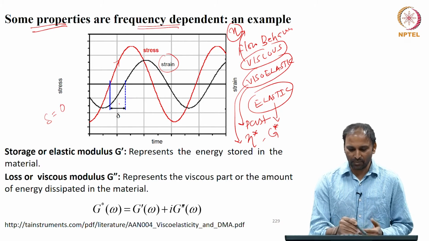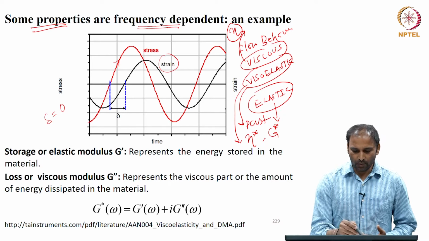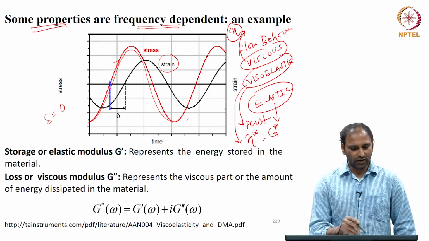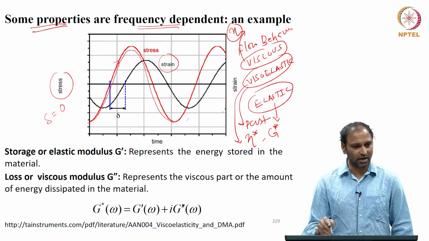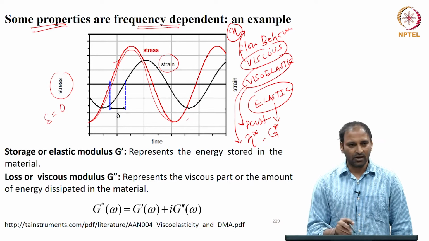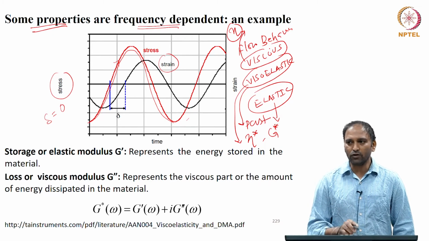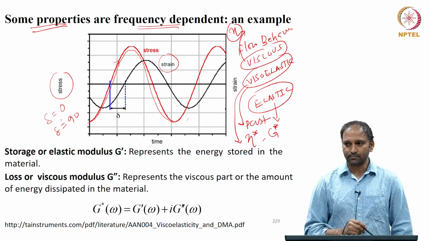That means if I have a stress, the strain will also be something like that. However, if you do similar measurements, applying a stress and monitoring the strain for a viscous material, you will see that the stress and the strain are completely out of phase. That means your delta is going to be 90.